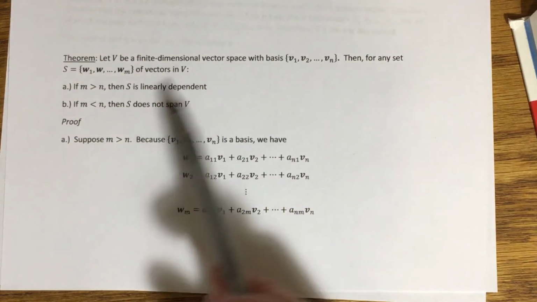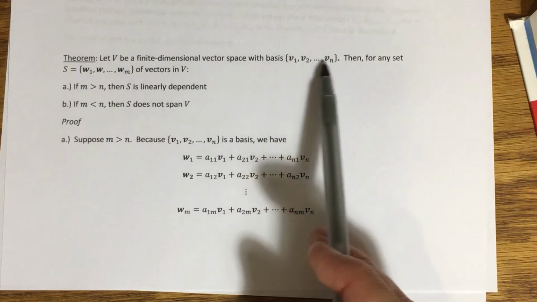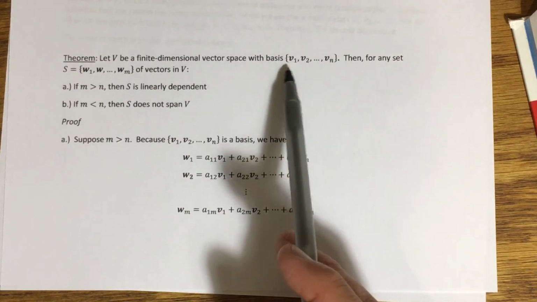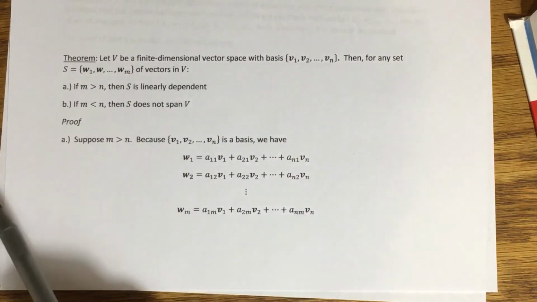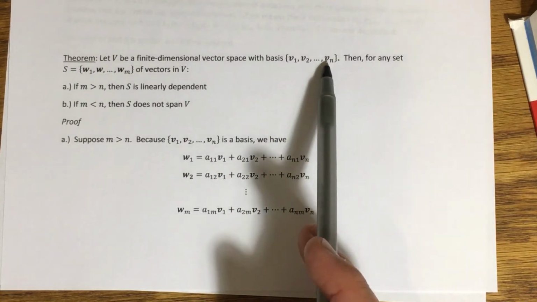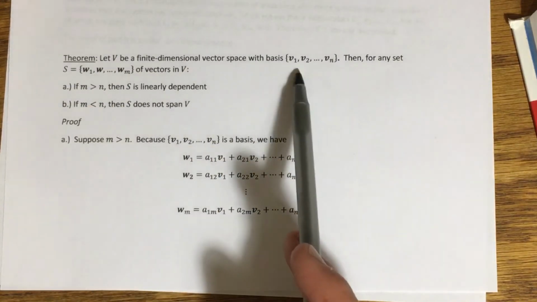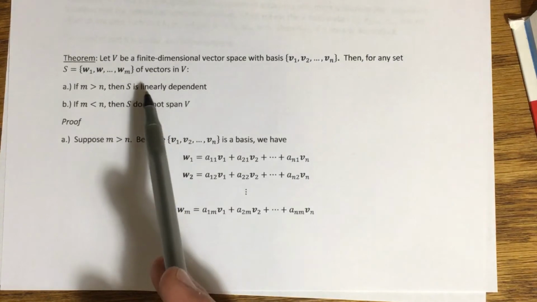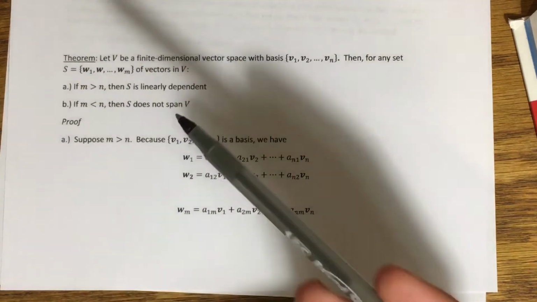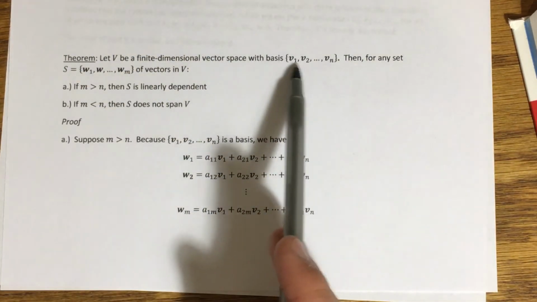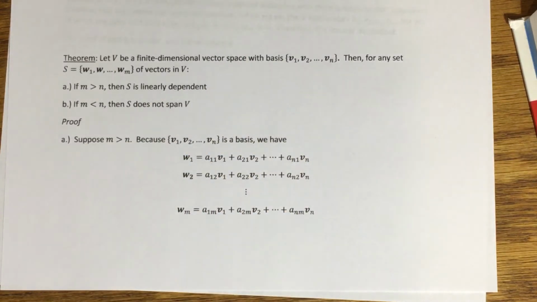What this does not say is that every set of n vectors is a basis for V. I could very easily find other sets that are not. It just says that if a set is going to be a basis, then we can always be sure that it will have n vectors in it.